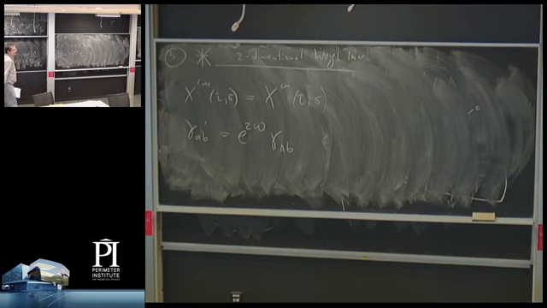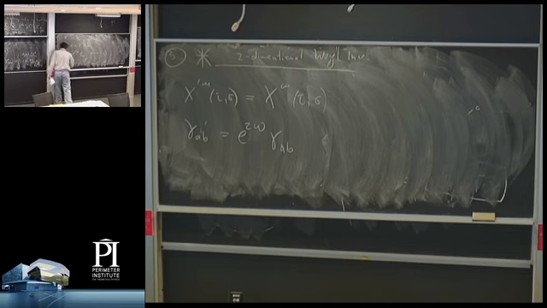The metric transformation is a rescaling of the metric, where omega is an arbitrary function that depends on tau and sigma. So why is the Polyakov action invariant under this Weyl transformation?